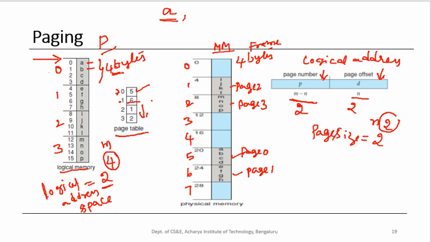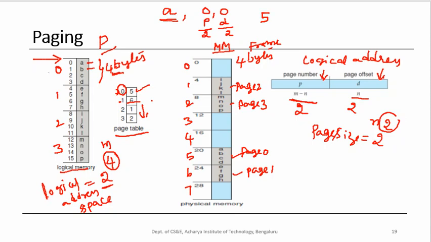A is in page 0, and the displacement of A in page 0 is 0. This is P and this is D. P is represented using 2 bits and D is represented using 2 bits. We use the value of P, that is 0, to index into the page table, and the corresponding entry we get is 5.